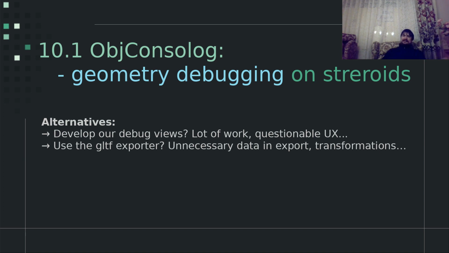There are transformations that maybe the exporter is doing, so that you are not seeing the data that your algorithm is seeing, and you end up thinking, oh my god, maybe the exporter merged these two points into one and I have them separate.